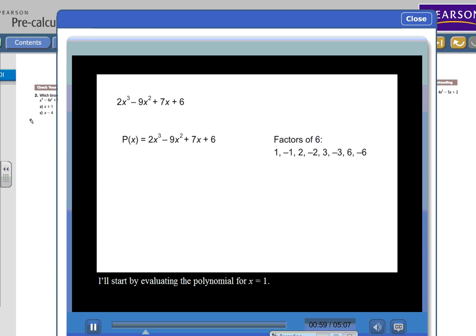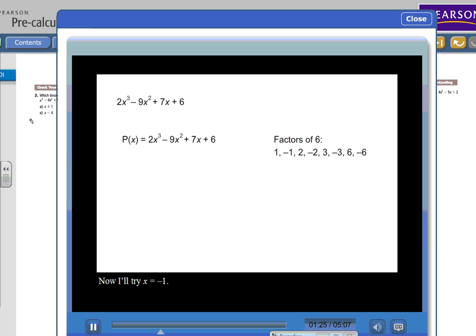I'll start by evaluating the polynomial for x equals 1. 1 cubed is 1. 1 squared is 1. So, that's 2 minus 9 plus 7 plus 6, which is 6. Since p at 1 does not equal 0, x minus 1 is not a factor of p at x.